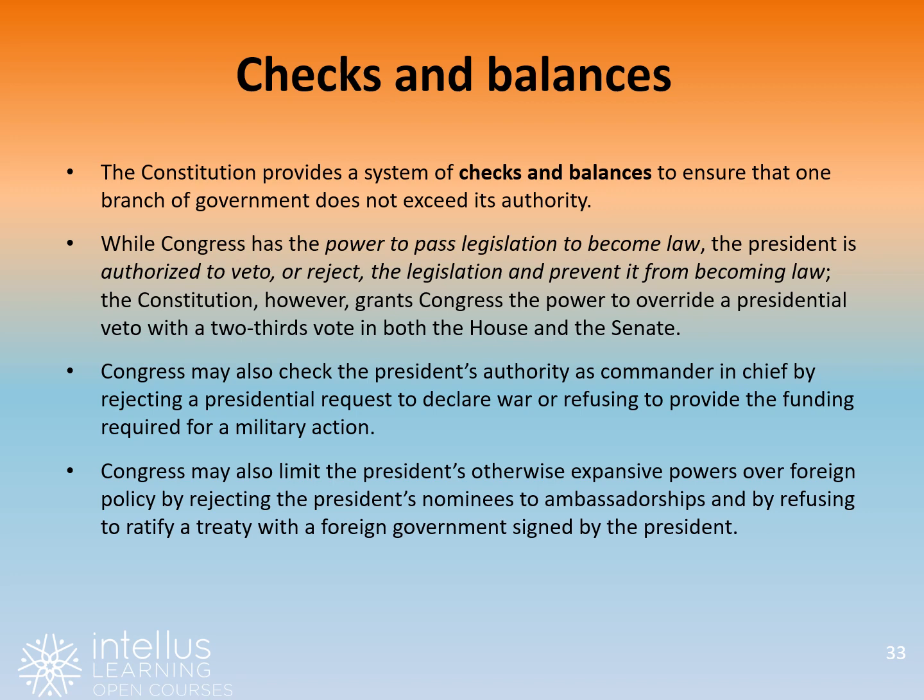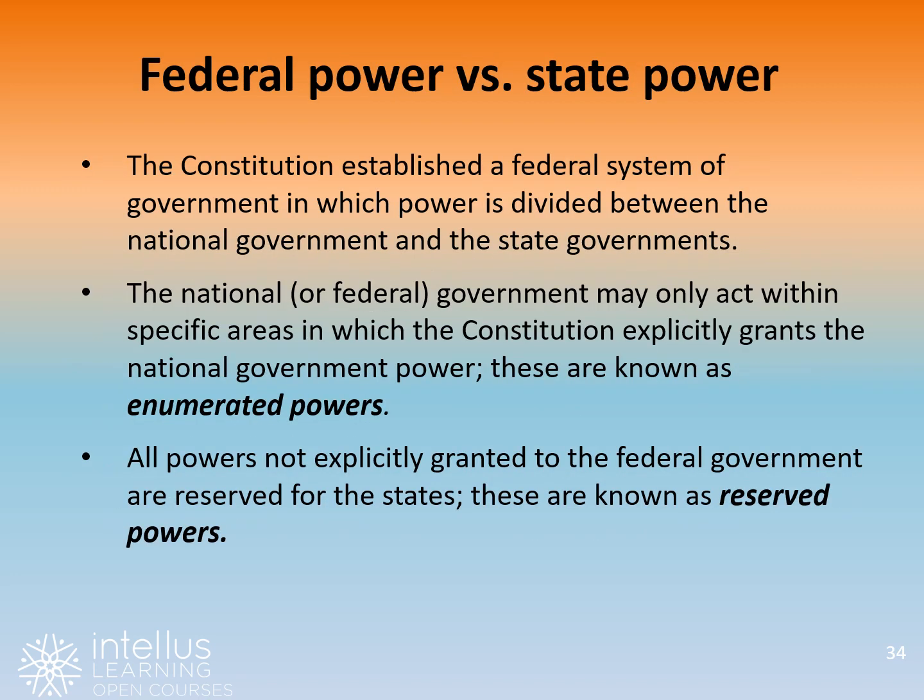While the president is commander-in-chief, Congress is the one that has to approve a declaration of war, and they can check the presidential executive power by denying that request or funding military actions.